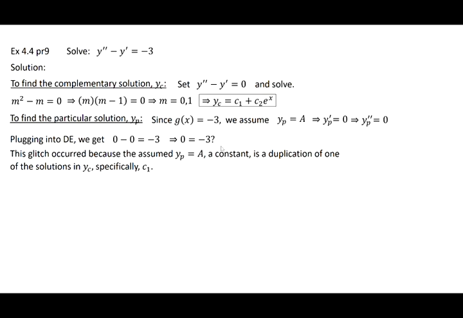Okay? So you should not assume y sub p equals a in this case. You should eliminate the duplication. How do you do that? And for that, to avoid the glitch, we must follow the following general rule.